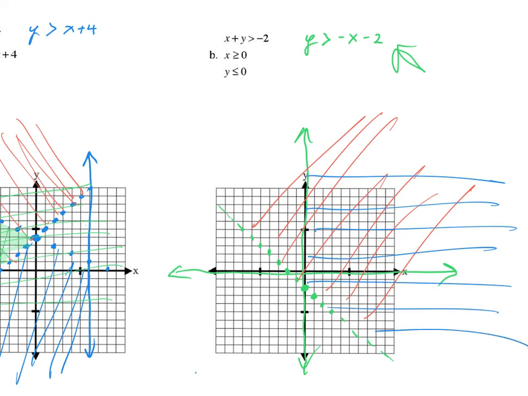And then the last one is y is less than 0. Let me get another color. That isn't another color, we'll go black. So the region in question is going to be that little triangle. It's going to be this one here, right?